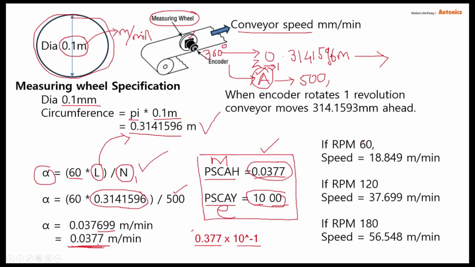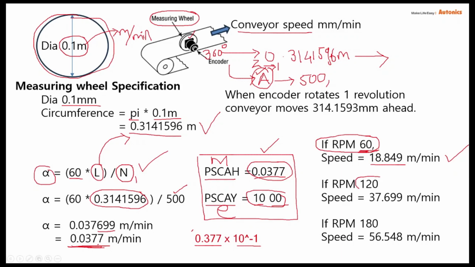Okay, so I am going to keep the RPM of my motor as 60 RPM. If I keep it at 60 RPM, my motor is going to rotate 60 times. So 60 times 0.0377 comes out to be 18849. My speed should be 18849 meters per minute.